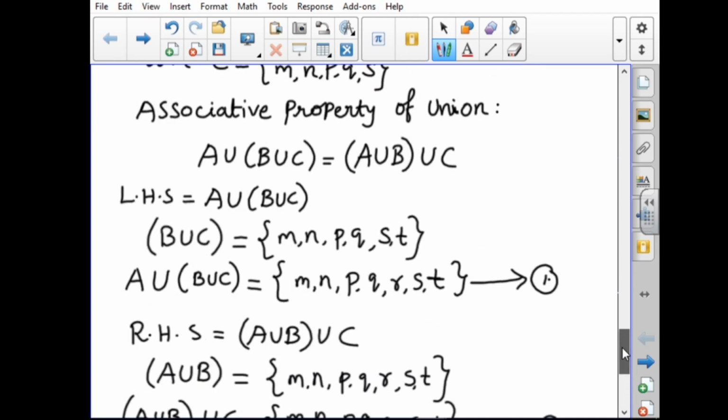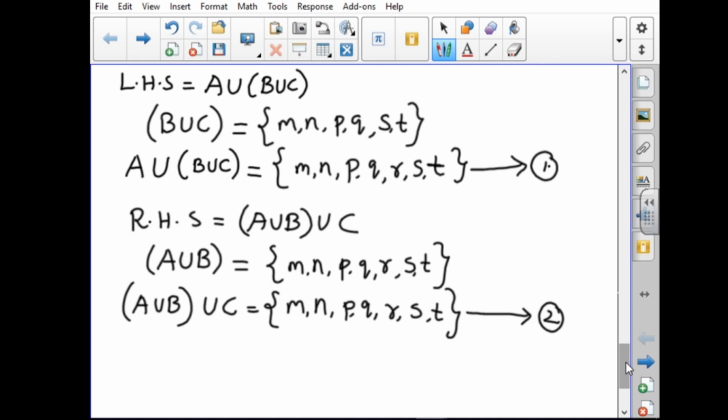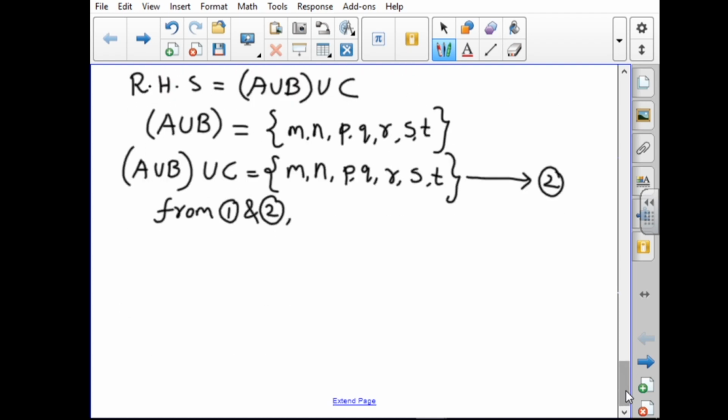First one, A union (B union C) is equal to {M, N, P, Q, S, T}, and second one, (A union B) union C, both have the same set of elements. So from 1 and 2, A union (B union C) is equal to (A union B) union C. Hence verified.